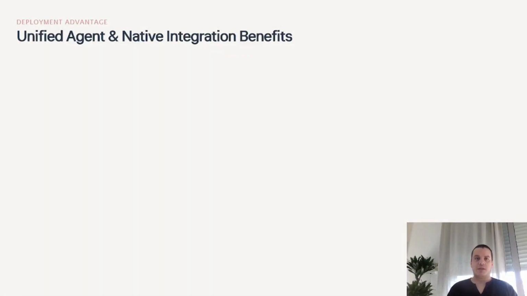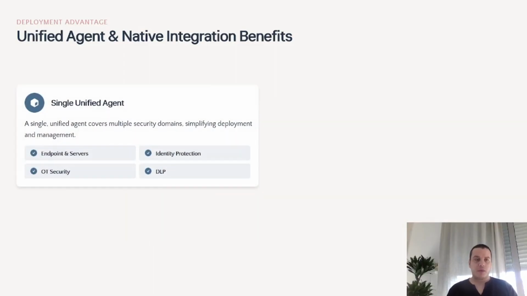Unified agent and integration benefits. For the unified agent and native integration benefit, we have a single unified agent. So basically we have a single application which will cover multiple security domains, simplifying deployment and management from the endpoint and server security perspective, identity protection, OT security, and DLP.